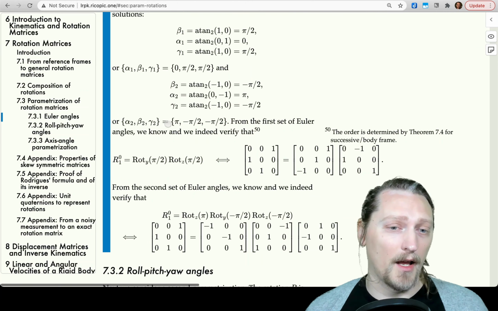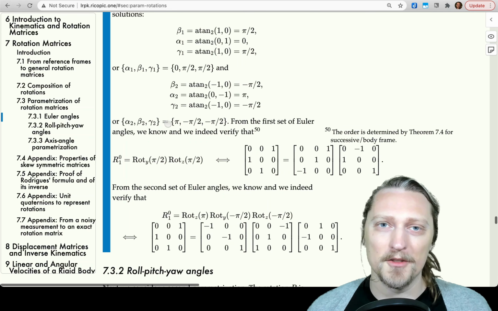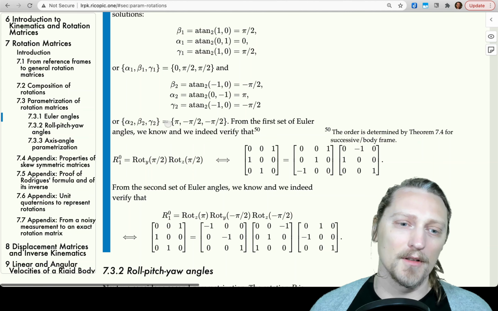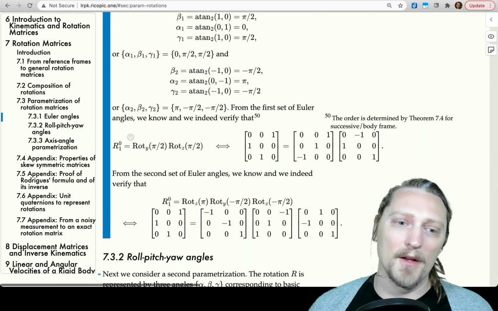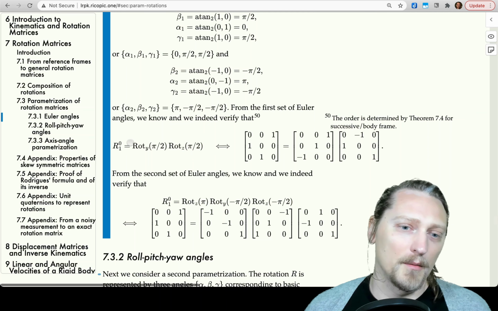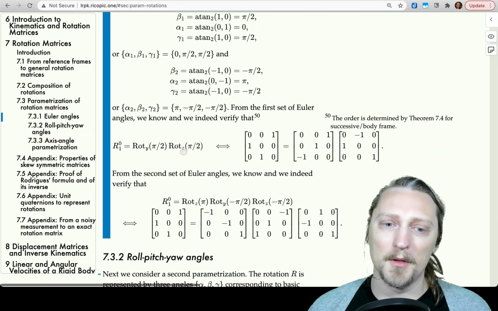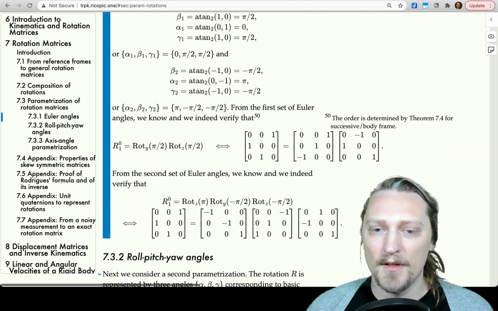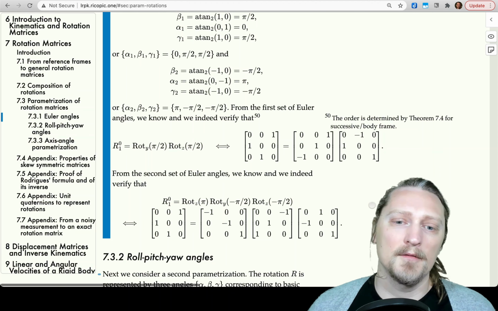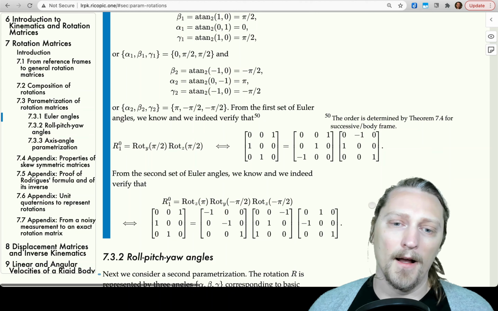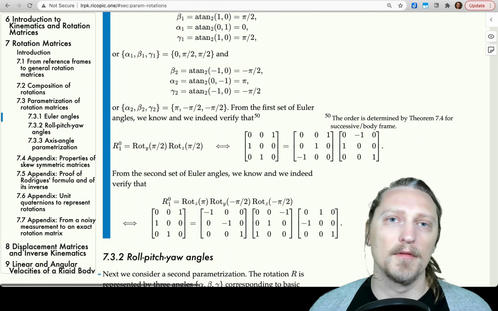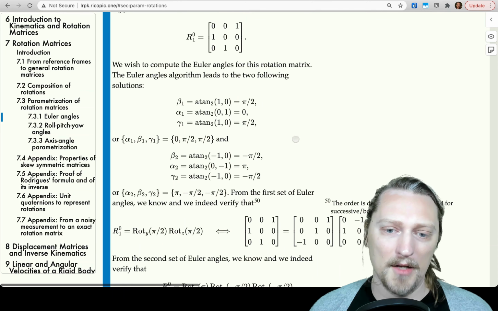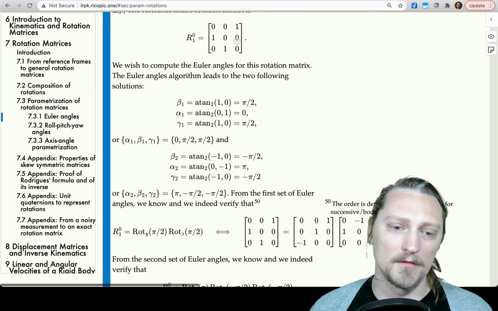The Euler angles are a ZYZ rotation, so Z, new Y, new Z. We rotate about Z by 0, about Y by pi over 2, and about Z by pi over 2. This gives us this representation here, and in fact we got back our original rotation matrix R10.